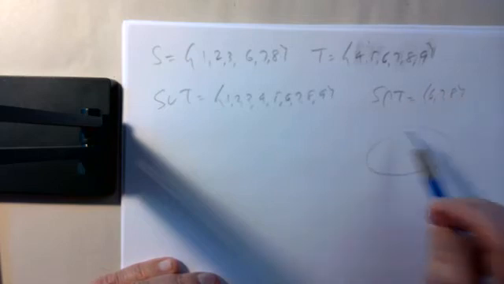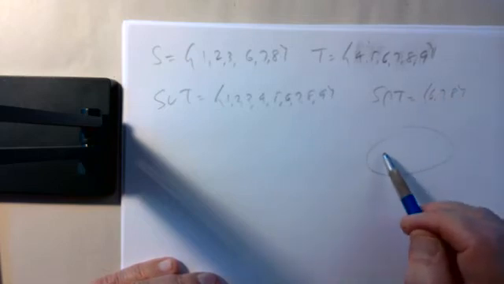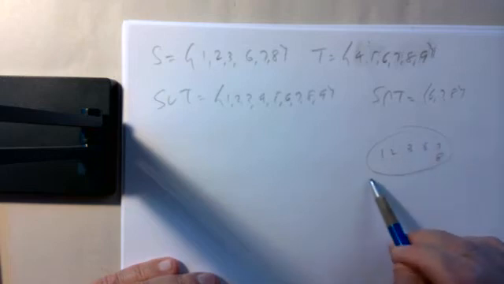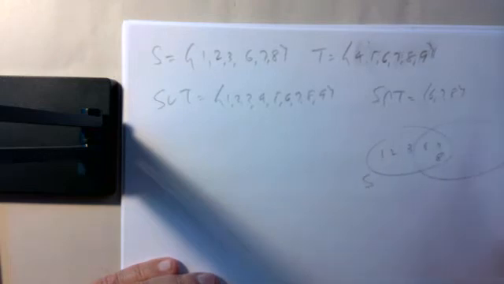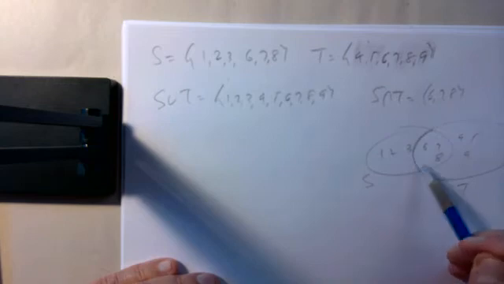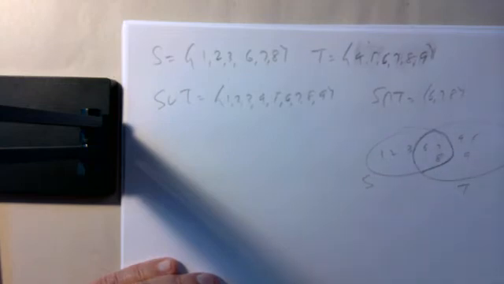Okay. Let's draw a picture. So this is S. T is 4, 5, 6, 7, 8, and 9. This is T. So this is the intersection, 6, 7, and 8.